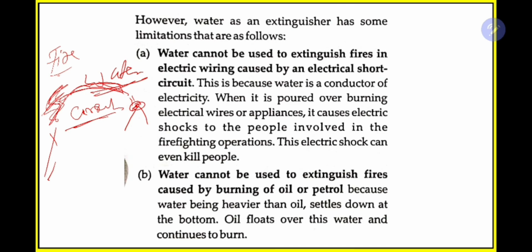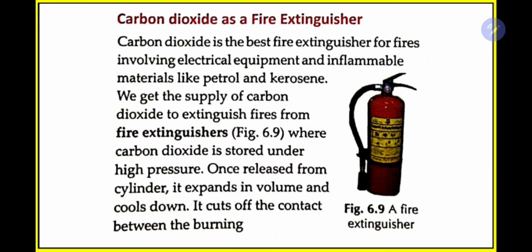So the next technique is carbon dioxide as a fire extinguisher. Now we will use this type of CO2 cylinder as a fire extinguisher. I hope you all have seen this type of carbon dioxide cylinder, right? Carbon dioxide is the best fire extinguisher for fires involving electric equipment and inflammable materials like petrol and kerosene.